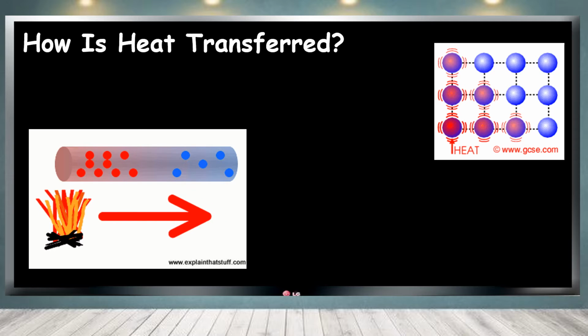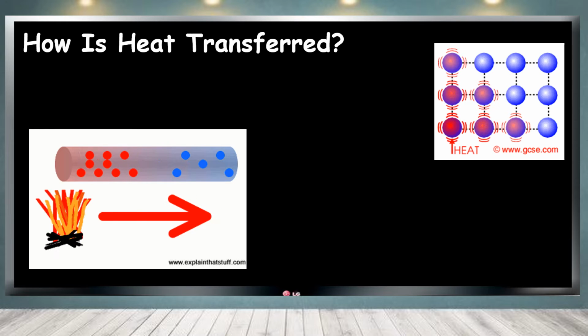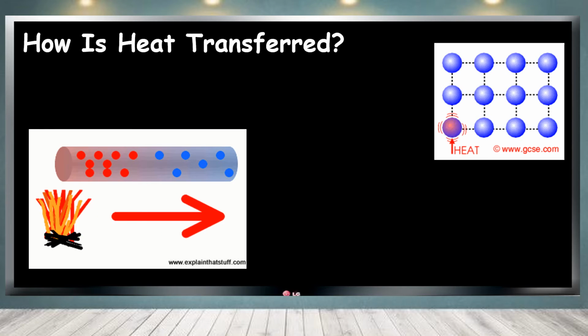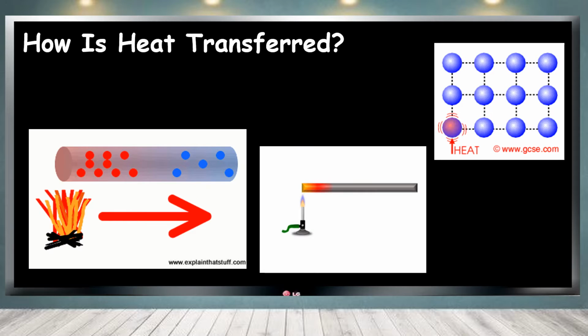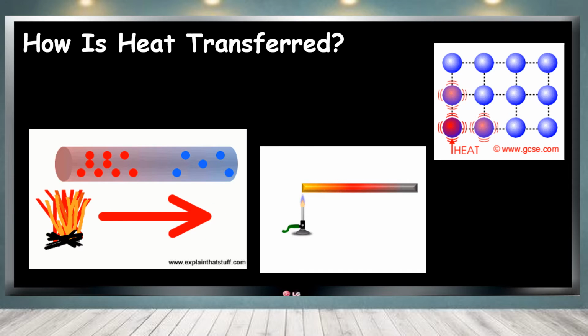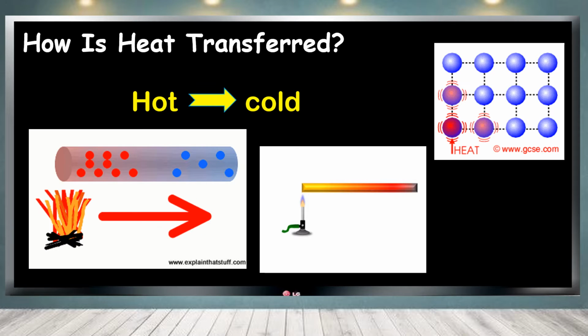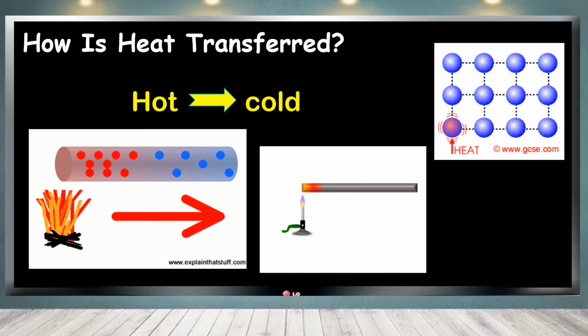The molecules under the source of heat are moving, so it means it is hot, and the hotness travels to the cold part. Another diagram. Here is the source of heat, and you can see the heat travels to the cold part. Then, how is heat transferred? From hot to cold.